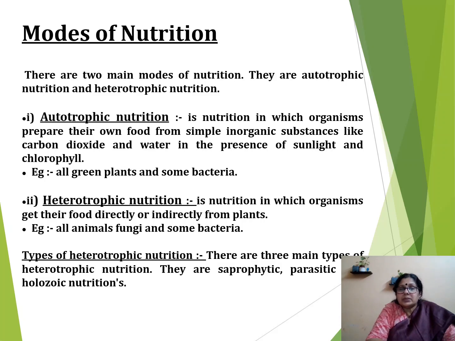And what is meant by saprophytic mode of nutrition? The organisms which live on dead and decaying organic matter and take food from it are called saprophytes. These organisms are not able to take food from other organisms. They can take food only from decaying materials.